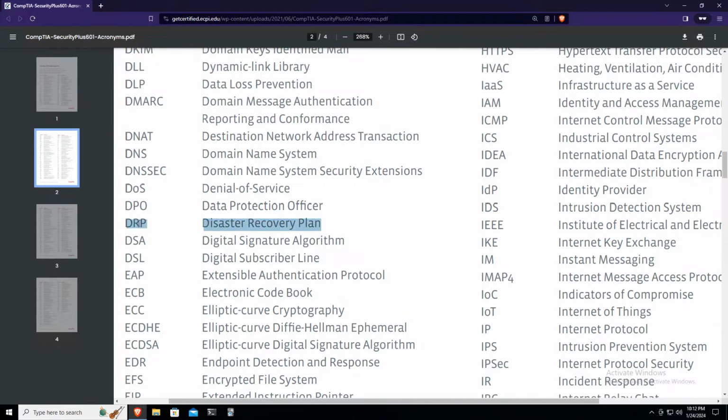DRP, disaster recovery plan. So the definition of it kind of gives the indication here. In the IT space, I'll be honest, I never heard someone say DRP.